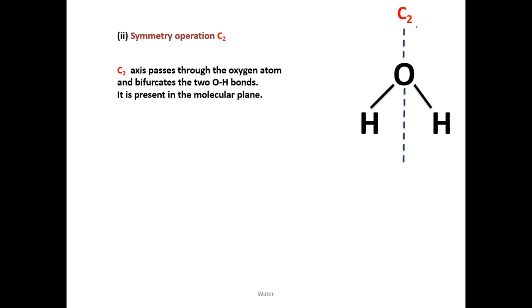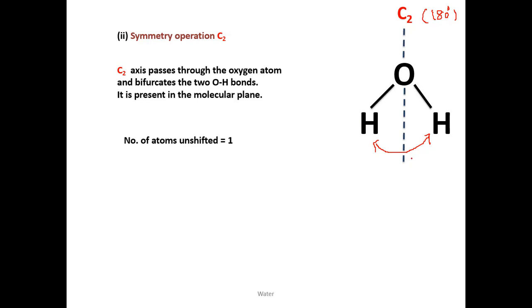During a C2 operation, we have to rotate the molecule through 180 degrees, and when you rotate the molecule, the atoms which are present on the axis itself will not get shifted. That means oxygen will not get shifted, whereas the hydrogen on the left hand side will come to the right, and the hydrogen on the right hand side will come to the left. So the number of unshifted atoms is equal to 1.